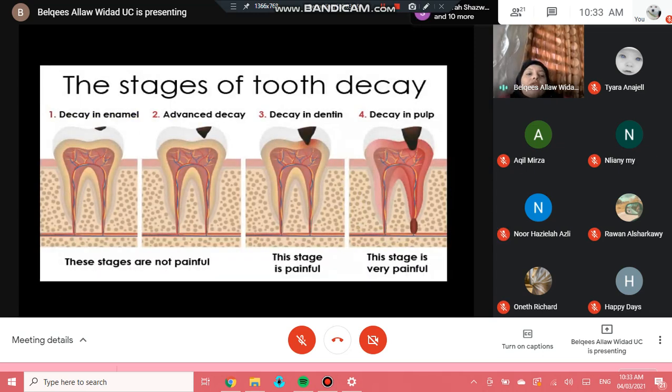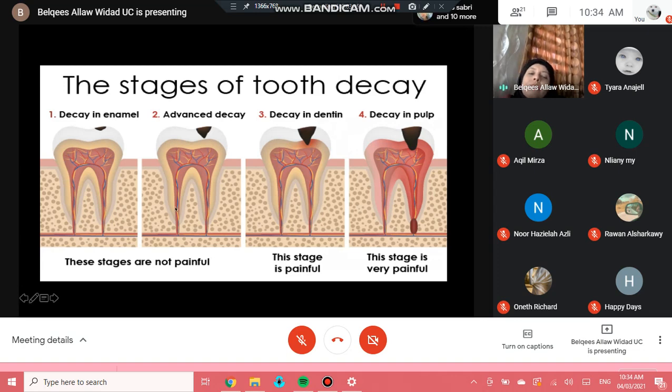So for tooth decay or tooth caries, of course, the decay will start in the enamel grooves. This is the base location, these small grooves that you find in the teeth. This is the base location for the bacteria to start the destruction.